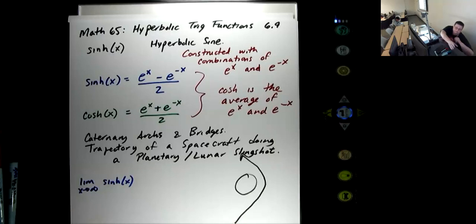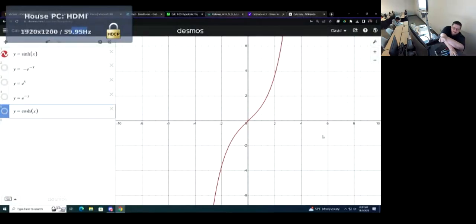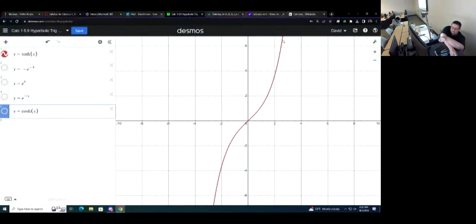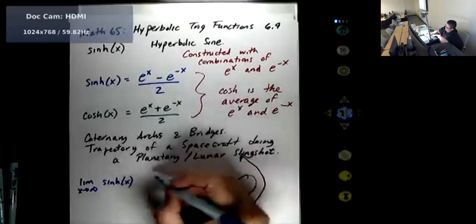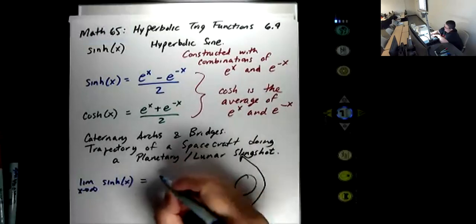Well, we can look at the graph. As x goes to infinity, this thing skyrockets to infinity. When it goes to negative infinity, it goes to negative infinity. Hyperbolic cosine does not quite do the opposite, but they both go to positive infinity. So the limit as x approaches infinity of sinh is positive infinity.